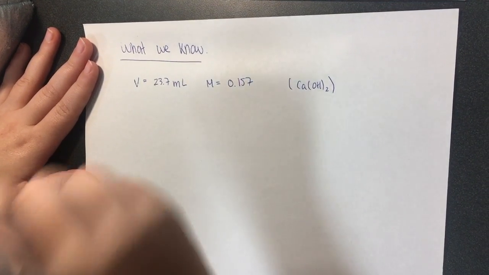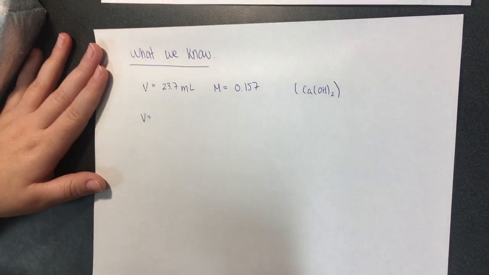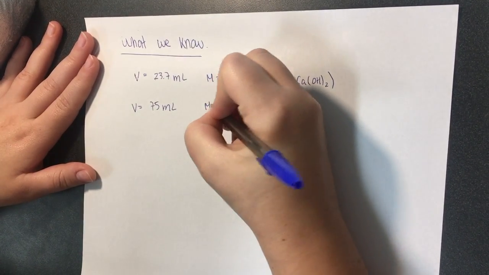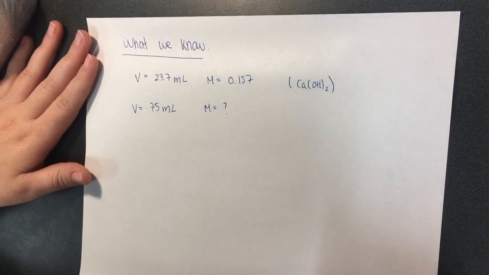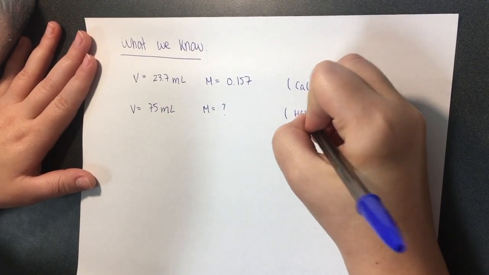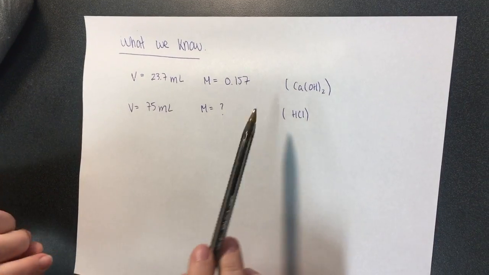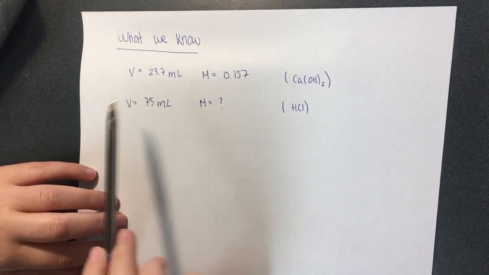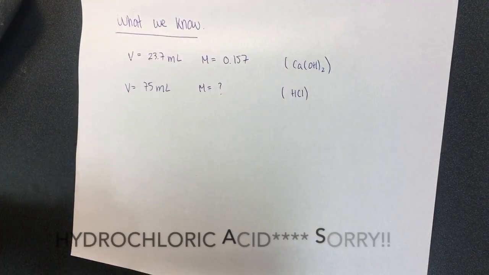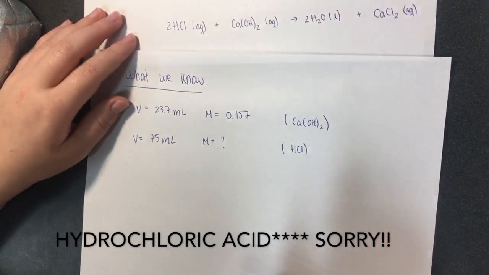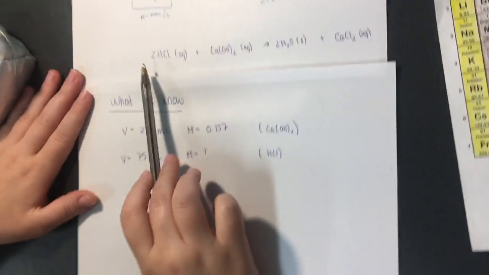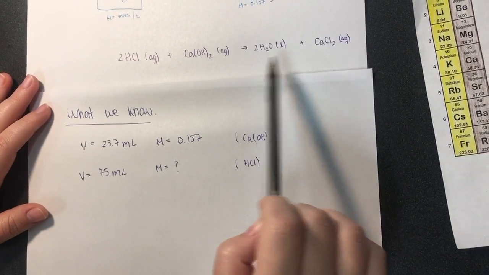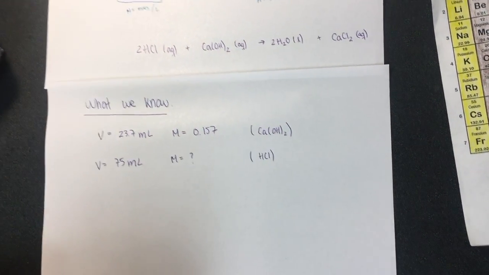We also know that the volume for hydrochloric acid is 75 milliliters and we're looking for the molarity, right? We know that all of this calcium hydroxide will completely react with whatever amount we have of hydrogen chloride. So here we have the balanced equation, 2 hydrochloric acid molecules for every 1 calcium hydroxide.